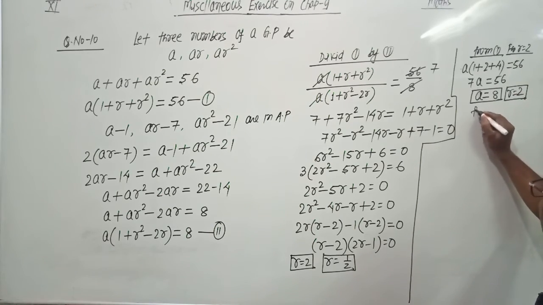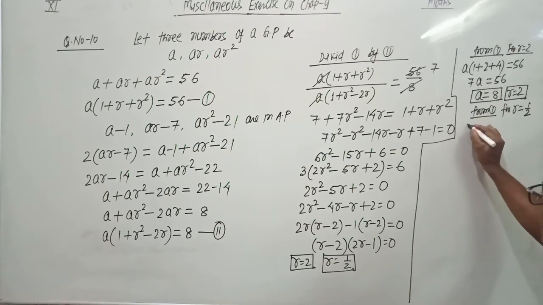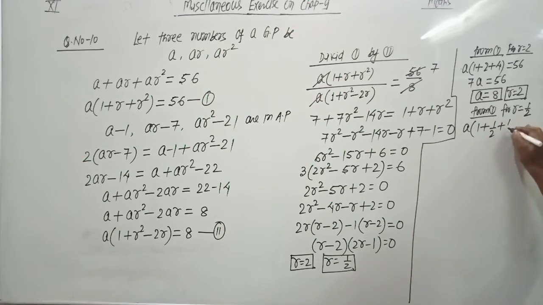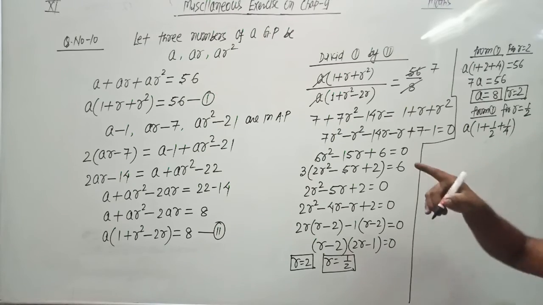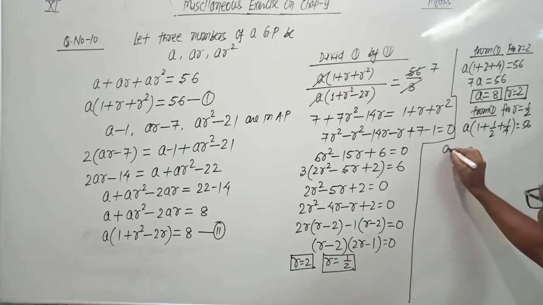Now from first, for the next value of R, means for R equals 1 by 2. So put the value of R equals 1 by 2 in equation number first. It becomes A into 1 plus 1 by 2 plus 1 by 4 equals 56.